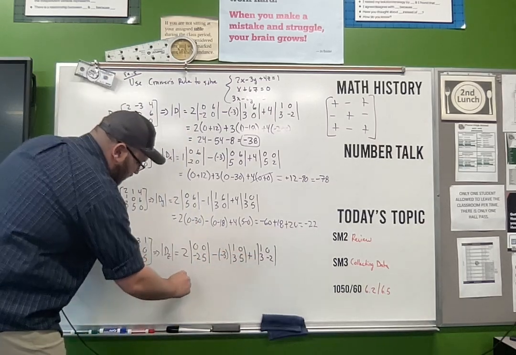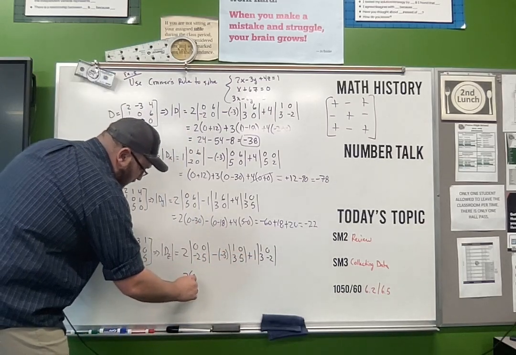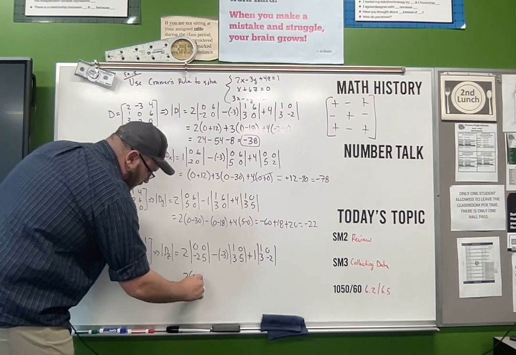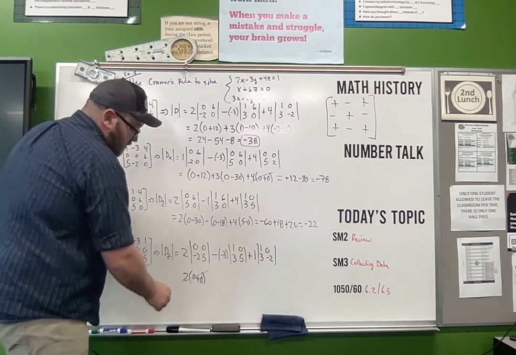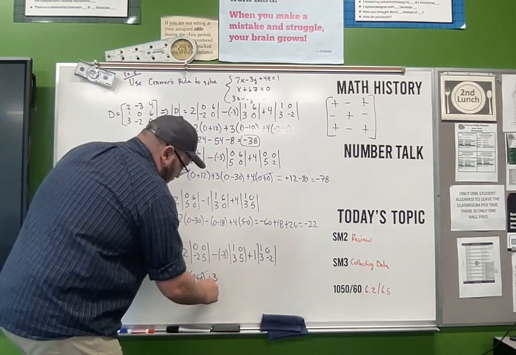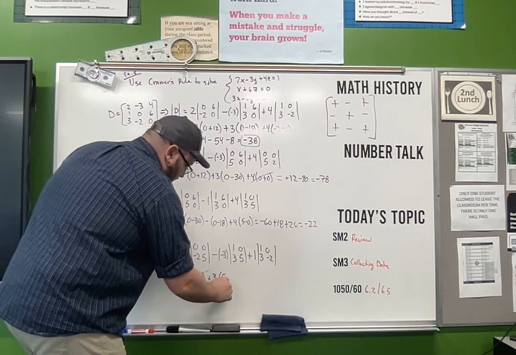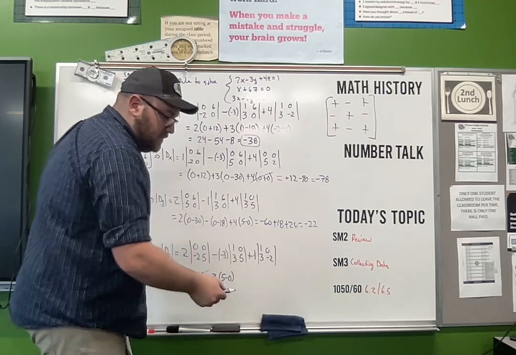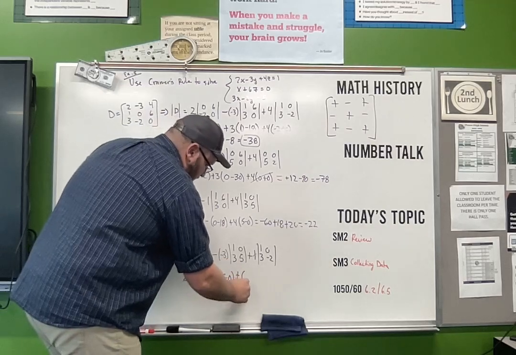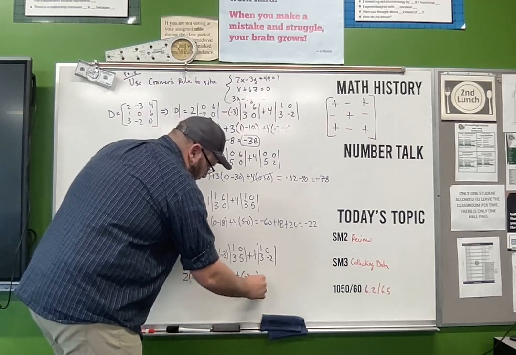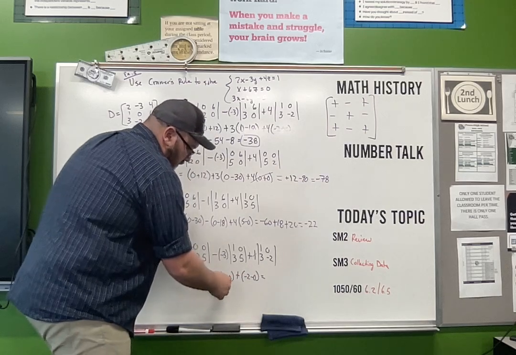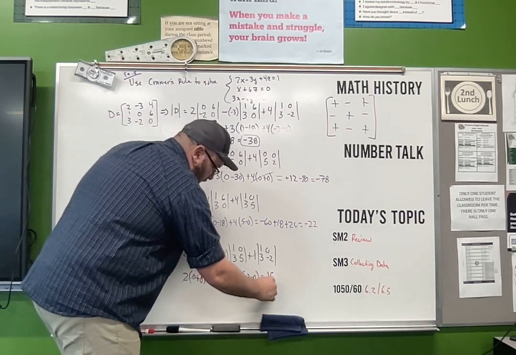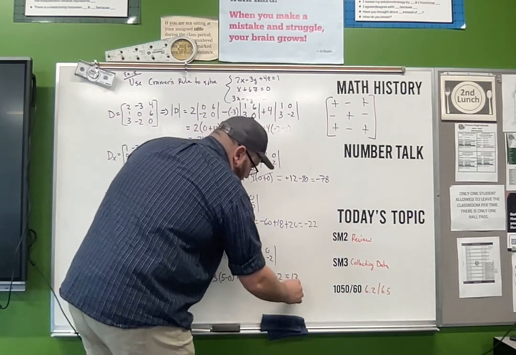So then this is 2 times 0 plus 0, which cancels. This is 3 times 5 minus 0, and the 1 cancels because 1 times anything is itself. So plus negative 2 minus 0. 3 times 5 is 15, minus 2 gives us 13.